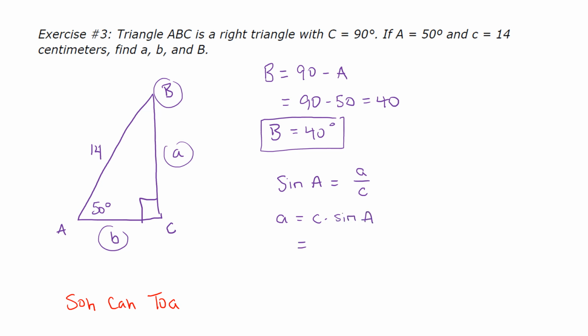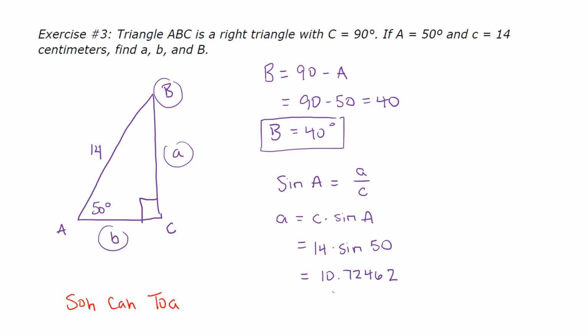Now I can substitute what I know. C here is my hypotenuse, which is 14, and then A is 50. When I plug this into my calculator, I should get a pretty long answer, 10.72462.